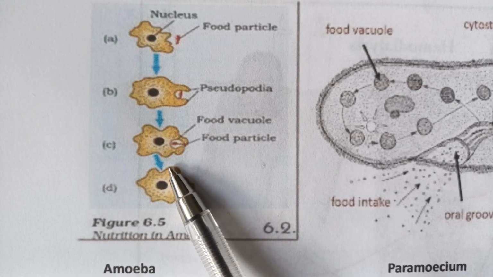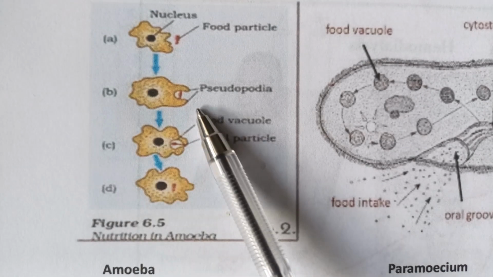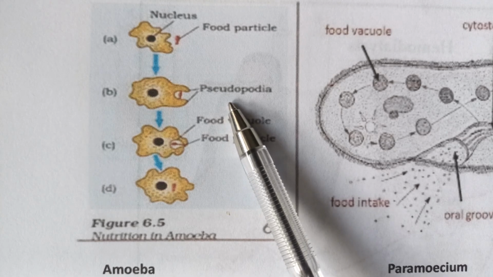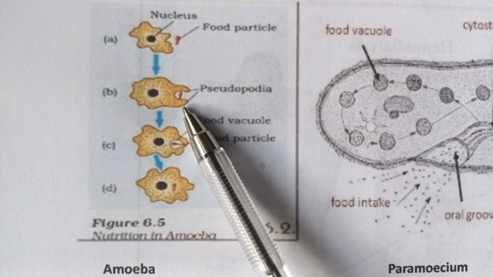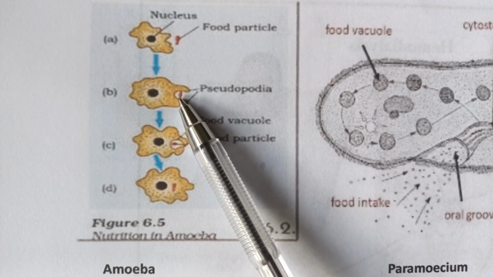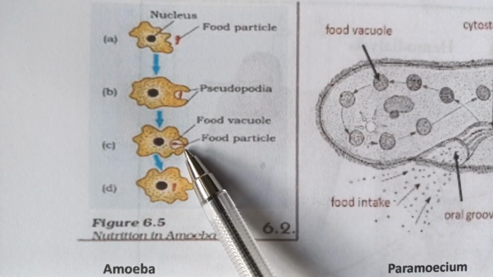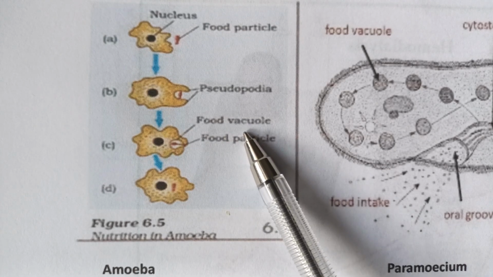In amoeba, as I have just explained, the food is taken in using finger-like pseudopodia. They are temporary finger-like extensions. They come out of the cell surface and then they fuse. They grab the food particle, and the finger-like projections fuse with each other, and the food particle is then trapped inside a food vacuole.